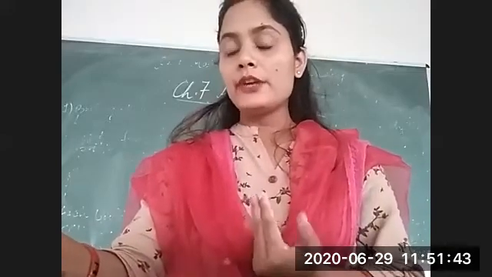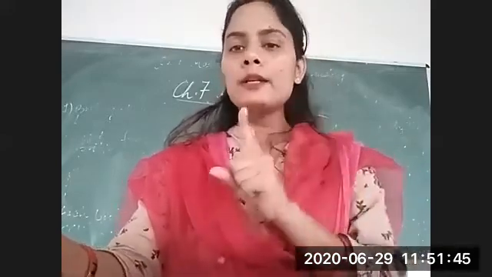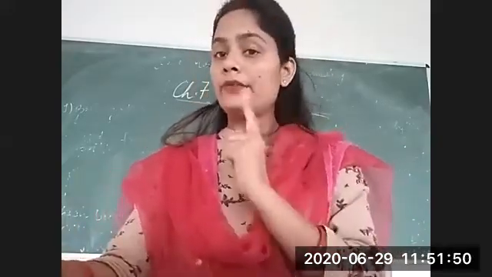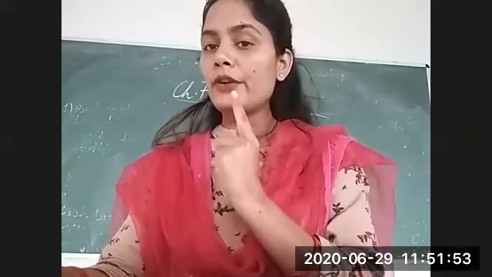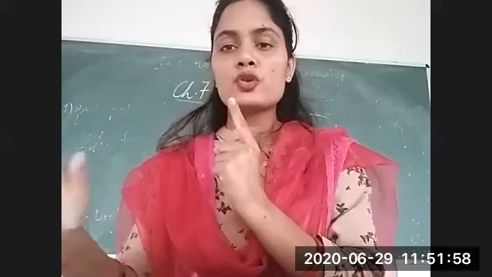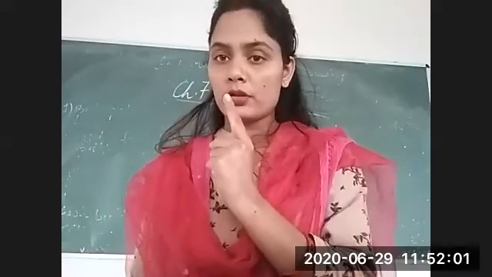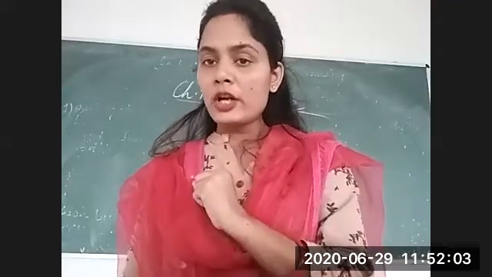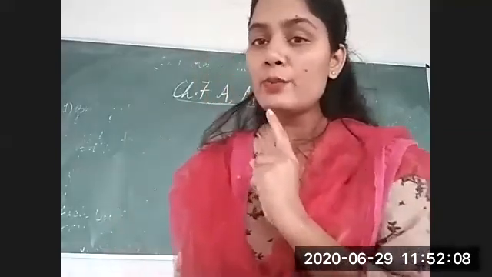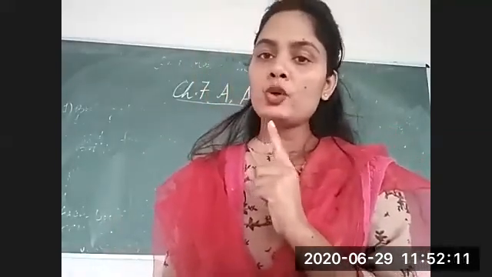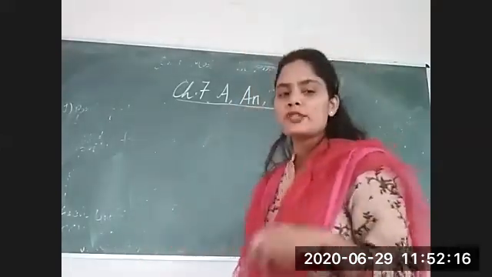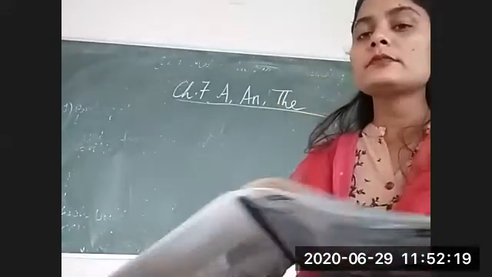If we are talking about one person, one thing, one animal, whatever, only one, then we will use A, but there is a condition that it should start with a consonant sound. And if we are talking about one, but it is starting with a vowel sound, then we will use An.